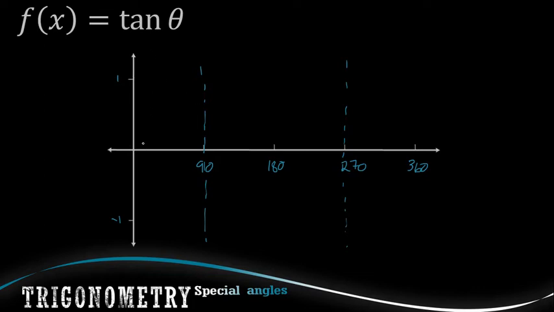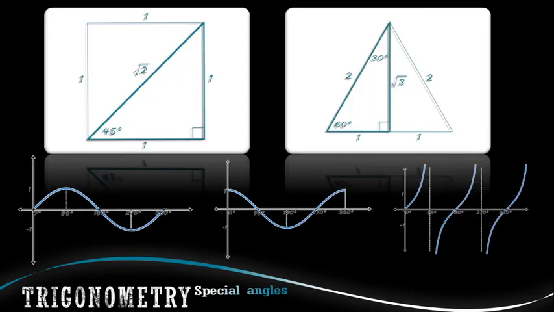It also starts at 0, so it goes up from here, and its period is 180, so every 180 degrees it repeats itself again. So then the rest of it looks like this, where it goes down here, and that's what the tan theta graph looks like. So as a summary, these are the two triangles that you need to know, and these are the three trig graphs that you just need to know the basics of how to draw.